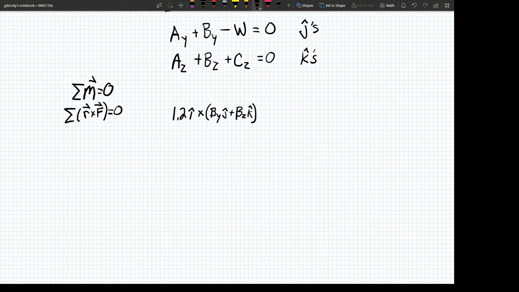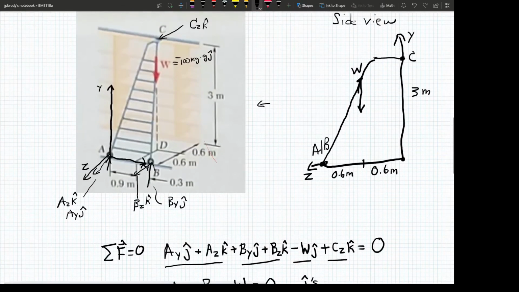Okay, now next I'm going to do R cross F for the force at the weight. Okay, so here I am. There's the weight. This is kind of a shortcut, but you could see that the weight acts in the same direction as the y direction.